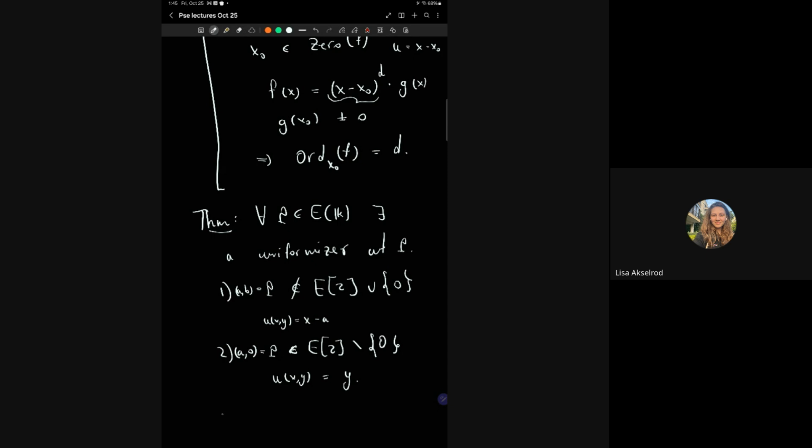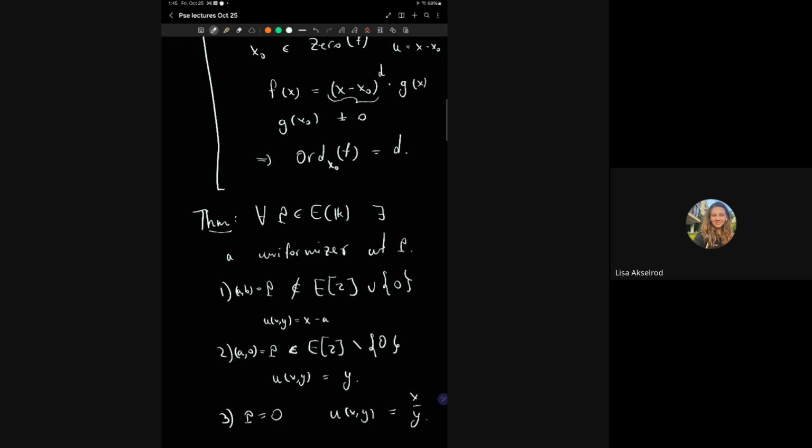And in the third case, if P is equal to O, then U(X,Y) is X over Y. And this is one possible choice of uniformizers.